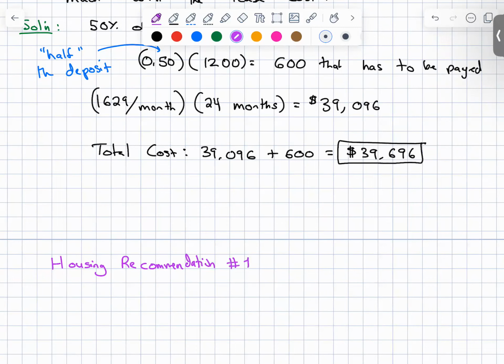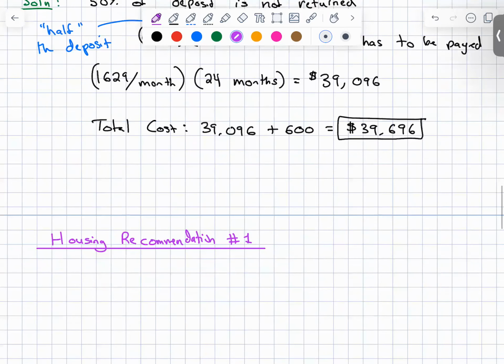Housing recommendation number 1 should be followed by mortgage companies if they're going to provide a loan or anything like that. And you do not need to have the housing recommendation memorized. If there's a problem on an exam, I will provide it. I will provide the terminology.